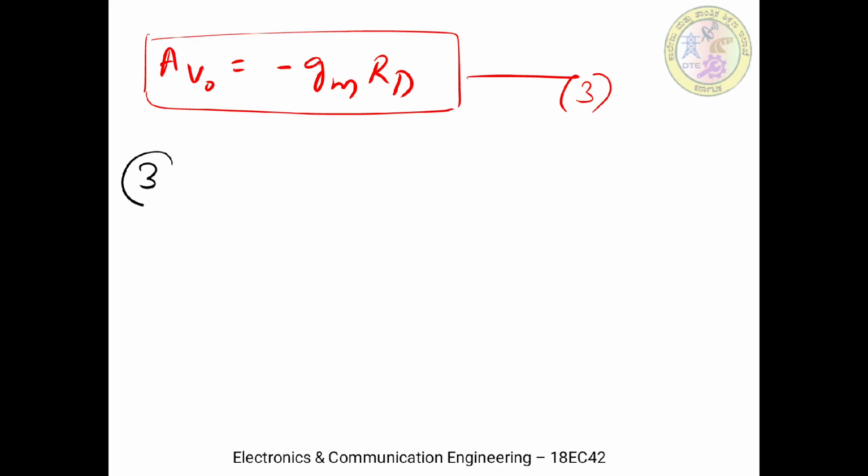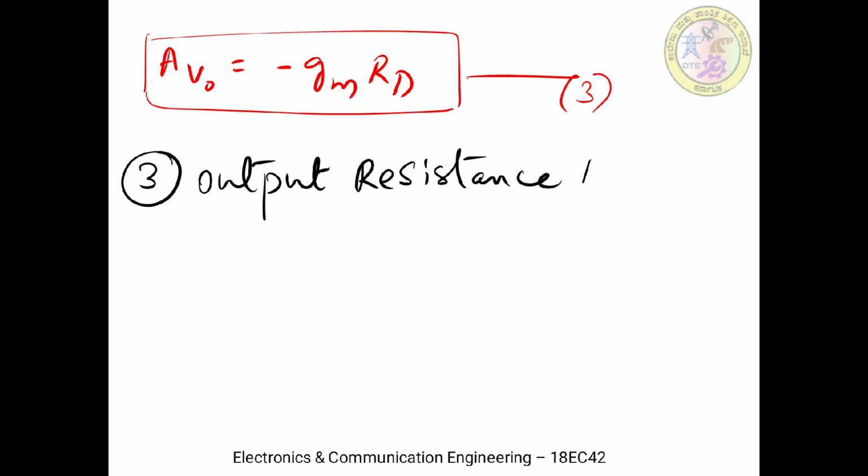The third important parameter characterizing the common source amplifier is the output resistance R0. R0 is the resistance seen looking back into the output terminal with Vi equal to 0.